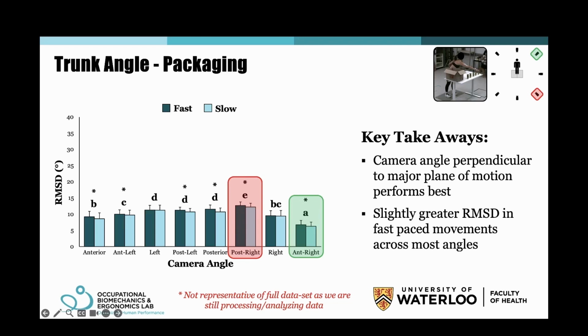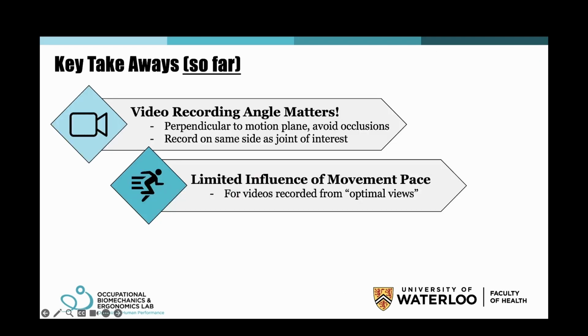So the practical implications of this are not large. Coming back to the key takeaways, and perhaps hitting the nail on the head a little too much: video recording angle matters, with limited influence of movement pace, especially if we record from those optimal views.